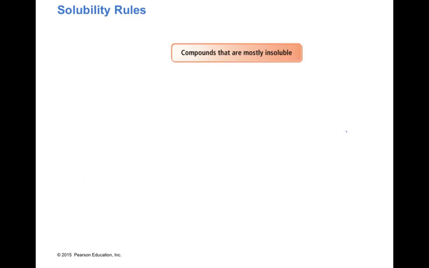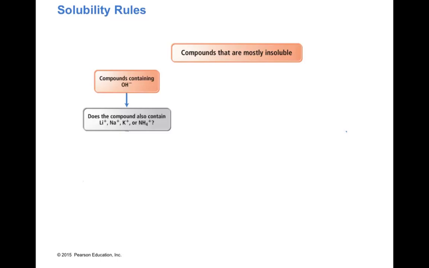Compounds that are mostly insoluble. Compounds containing hydroxide, OH, you're going to see this a lot. It is a polyatomic ion, a combination of oxygen and hydrogen, called the hydroxide ion. Does this compound contain lithium, sodium, potassium, or ammonium? We mentioned before that any compound that has these cations will be soluble.